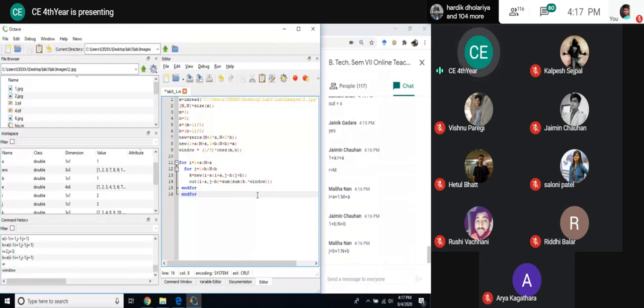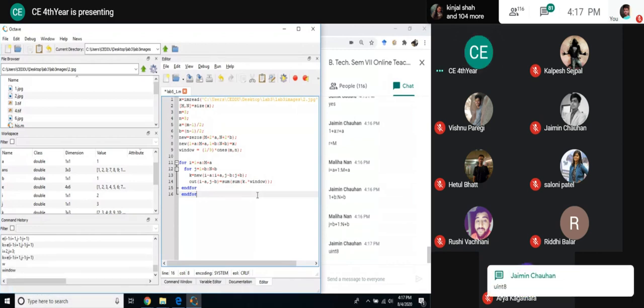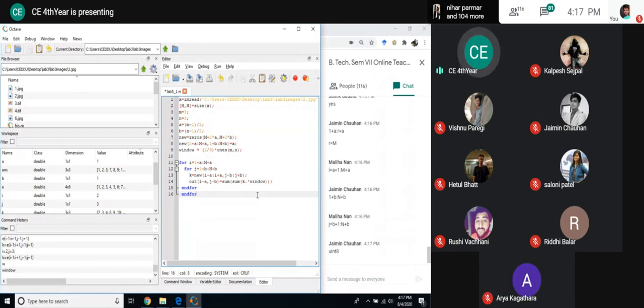What will be the data type of out? Is it fine? Is it sufficient or do I need to change the data type? The data type of out you are expecting to be unsigned integer, right? Let us see.